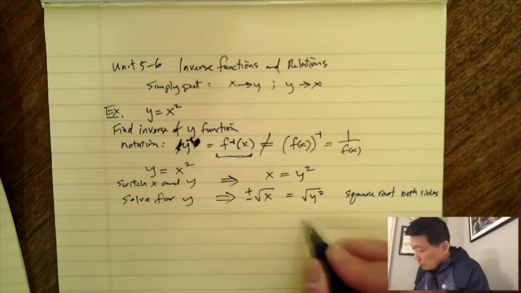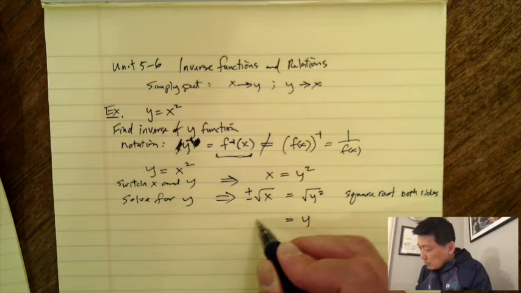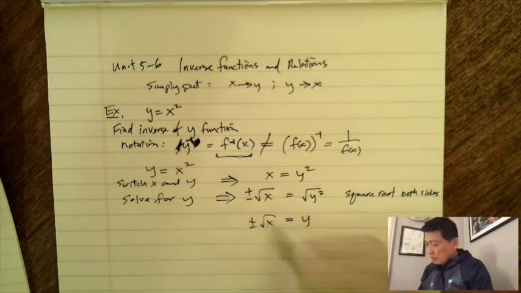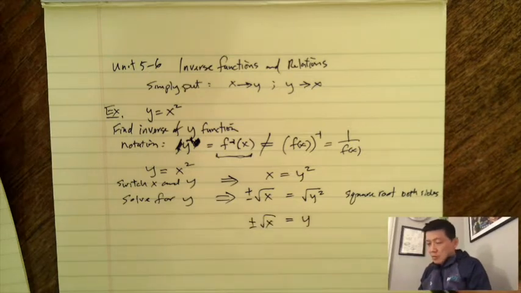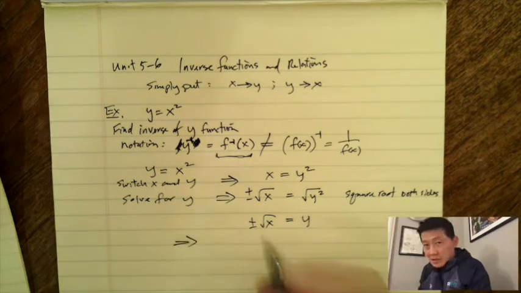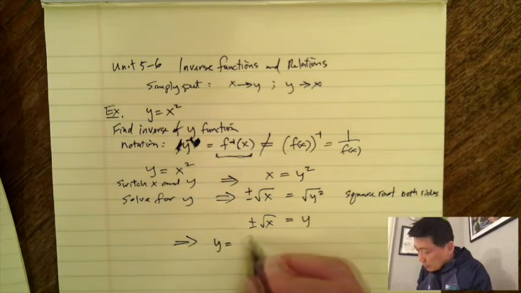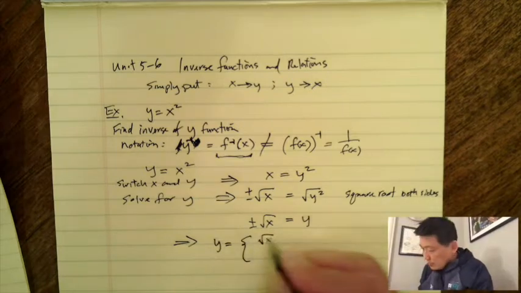So y is equal to plus minus square root of x. Now you say, well, why is that? Let me rewrite this just for ease of looking at it. y is equal to two answers, square root of x and negative square root of x.